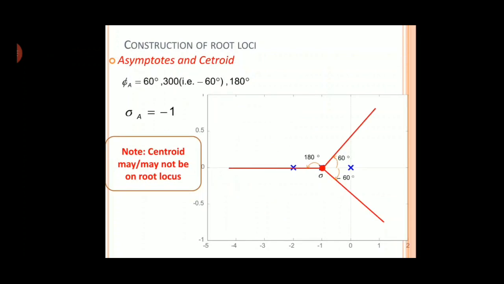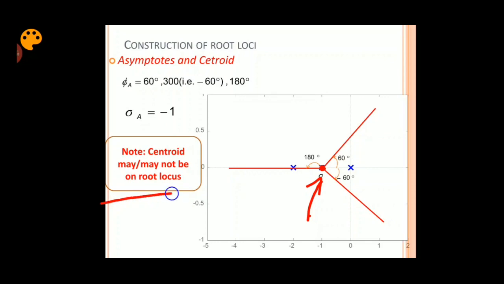The centroid is at -1 here, and there are 3 poles, and the angles of asymptotes are marked +60, -60 and 180 degrees. The centroid is the point where these asymptotes will intersect. So that means I should draw the angular lines from the centroid.